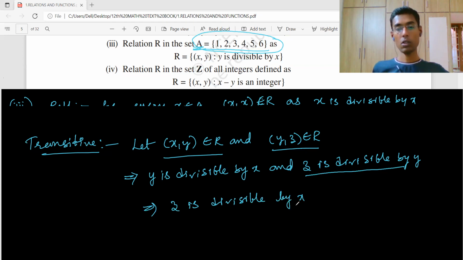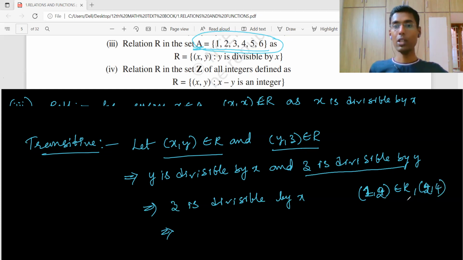Sir, do we have to write this or can we just take an example and explain? No, you cannot. Let's say you have taken this example: 1 comma 2 and 2 comma 4.